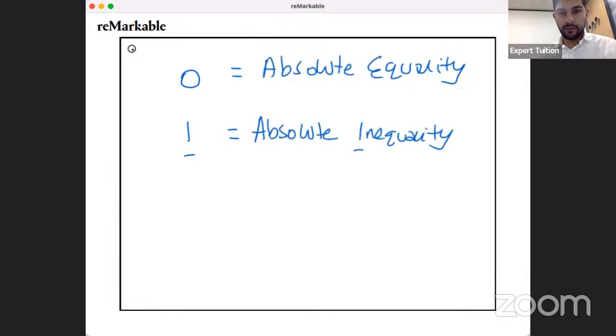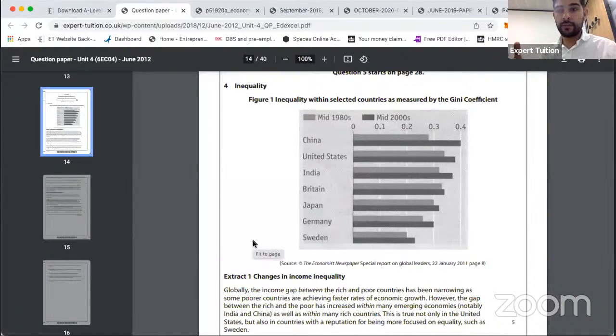Okay, right. Going back to the extract then, if I share my screen on that again. Can you see the Gini coefficients for these different countries? They vary, right? And these are all, other than maybe China, the US, India, Britain, Japan, Germany, Sweden, what we regard as capitalist economies. So we go, well, actually, maybe the government can intervene to limit the extent of income inequality within a country. For example, if they implement progressive tax systems.